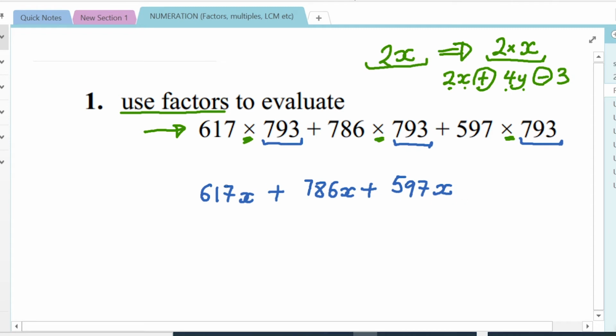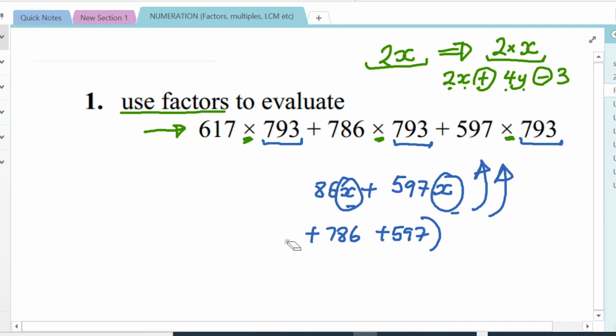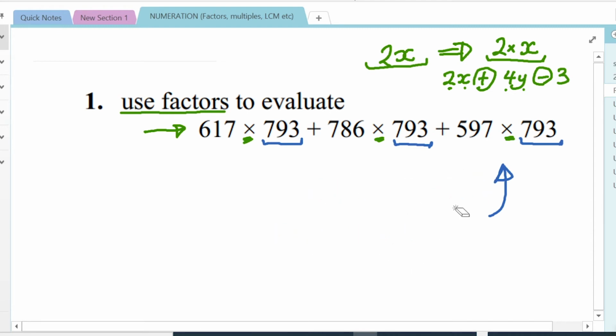And so if you're to simplify this, you realize that x is common, then you put x outside the brackets, into this, divide by that, which is 617 plus 786 plus 597. That's what it's about. I'm just using the x analogy to give you a picture of what is going on up there, because up there they are using figures that might confuse you. Since I have broken it down, now let's do the number the way it should be.